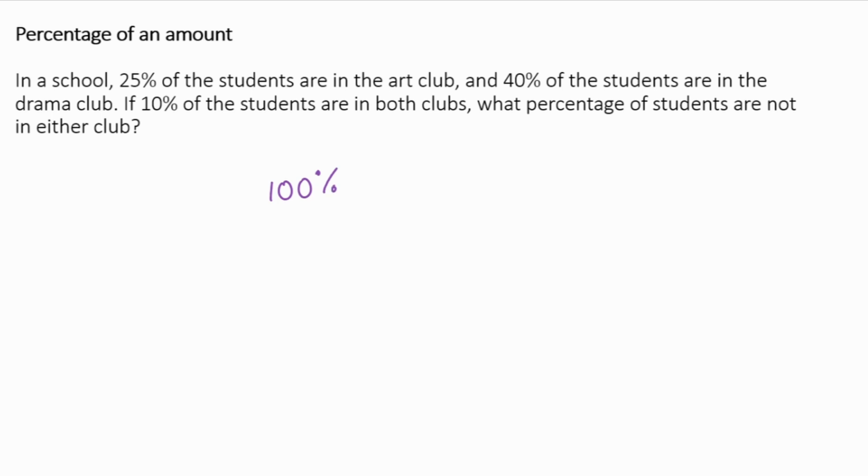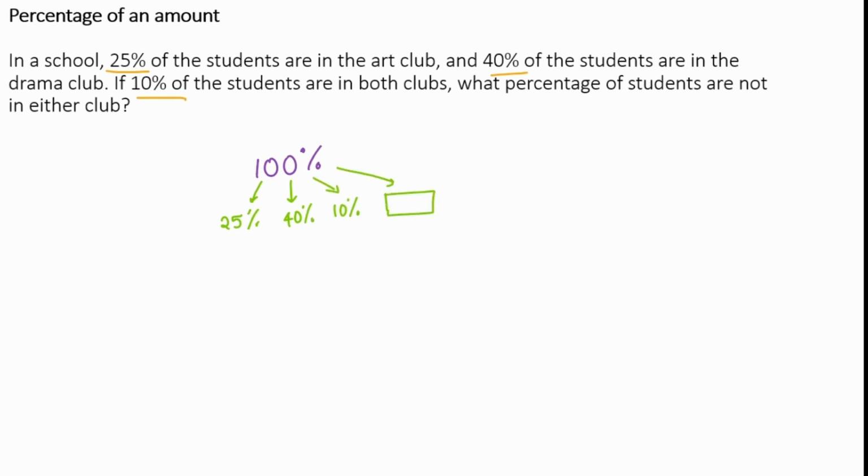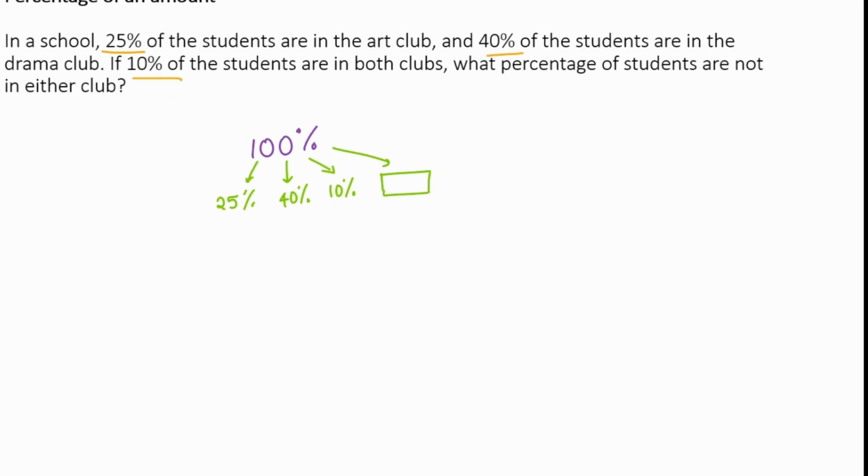Now out of this 100%, we have 25% in art club, 40% in drama and 10% in both. So 25% of the students are in art club, 40% are in drama and 10% are in both, which means we have a small percentage here that accounts for the students that are not in either club.